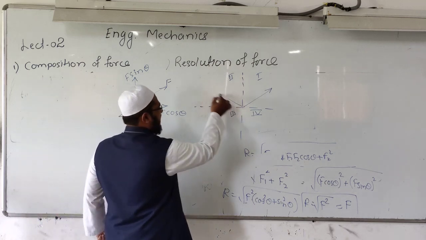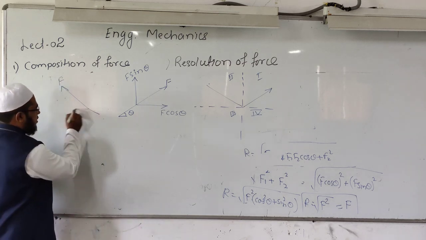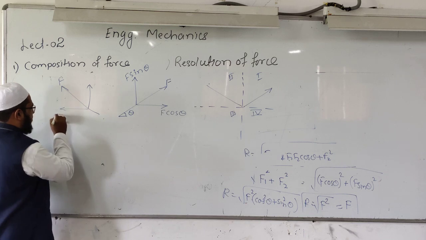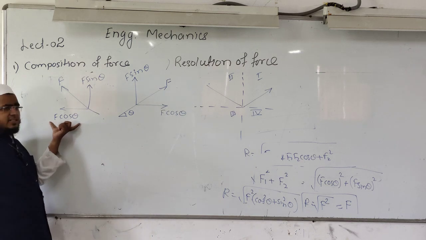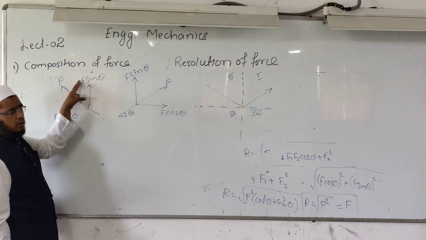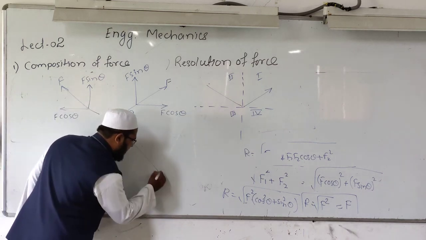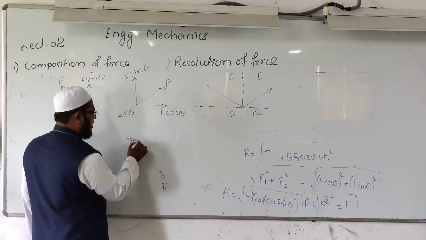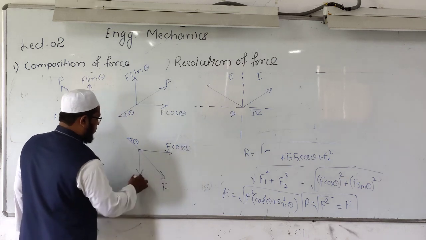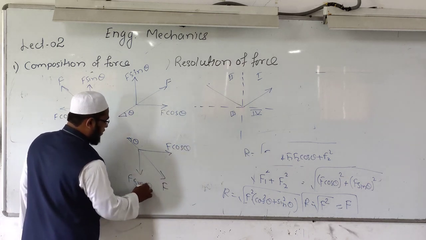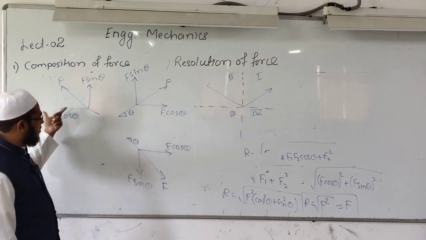If the force is acting in the second quadrant, the horizontal component will be leftward, with the same magnitude F cos theta and F sin theta, but the vertical will be upward. If the force F is acting in the fourth quadrant, the horizontal component will be rightward and the vertical component downward. The magnitude remains the same, F cos theta, F sin theta, but the direction is different.